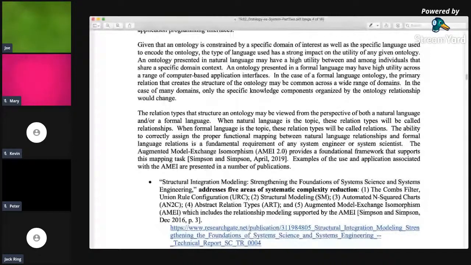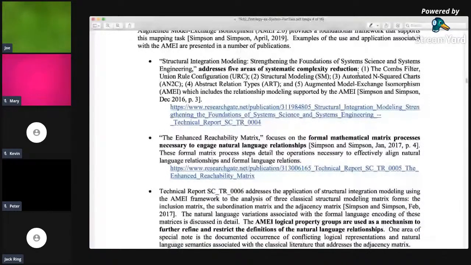And we've talked about the application of the augmented AMEI and the art form in a number of publications, and how they relate to other systems analysis types of techniques and systematic complexity reduction techniques. Now, we believe that the AMEI reduces complexity because it reduces uncertainty.